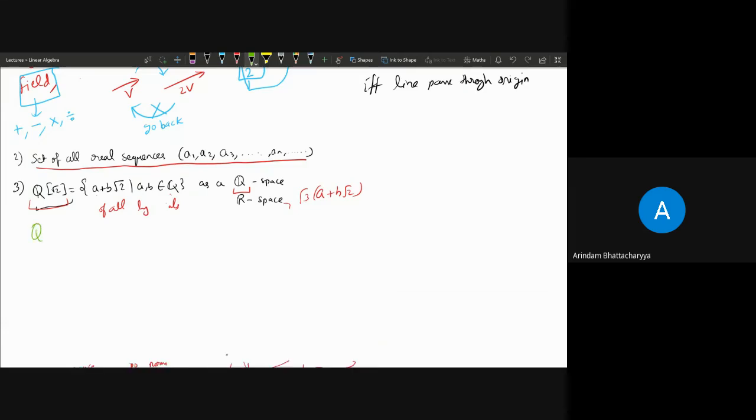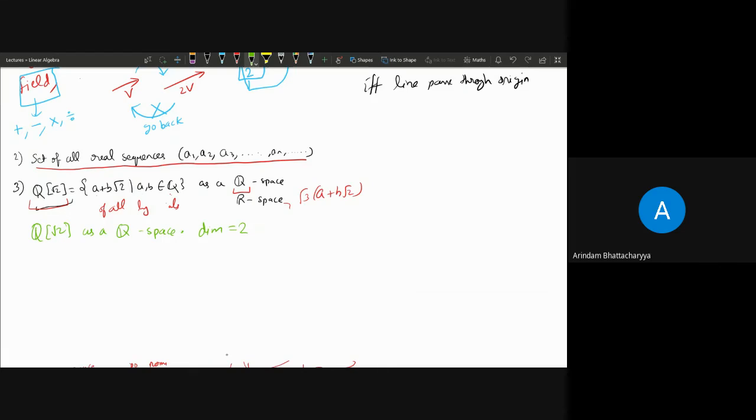So I want Q root 2 as a Q space. What is the dimension? Why is it one? I think it's 2. Yeah, dimension is 2, right?